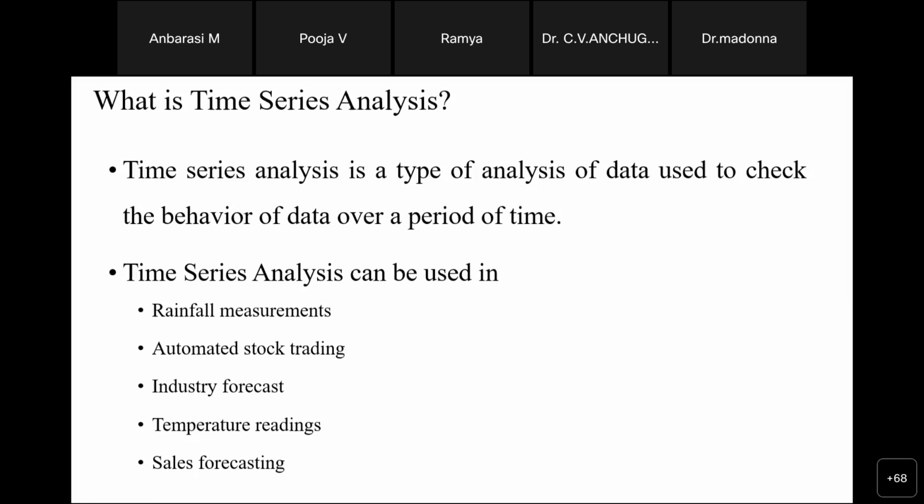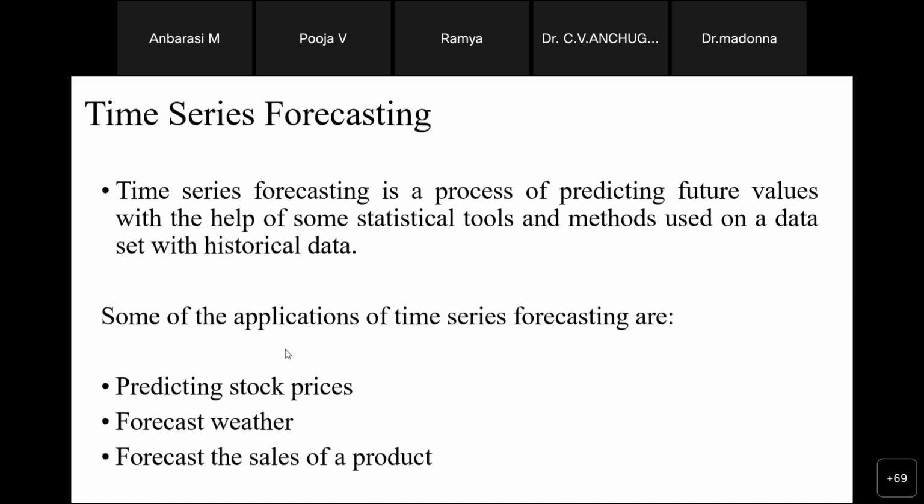Suppose there is any loss, then they have to analyze in detail which region, which country, which part, an in-depth analysis. Based on that analysis they can overcome the loss. And then temperature reading and sales forecasting. These are all the applications of time series analysis.